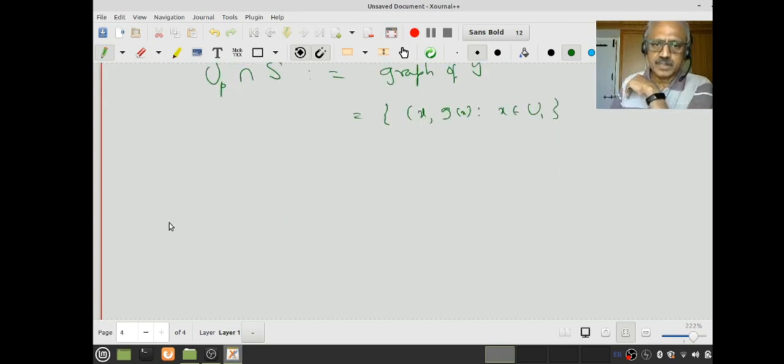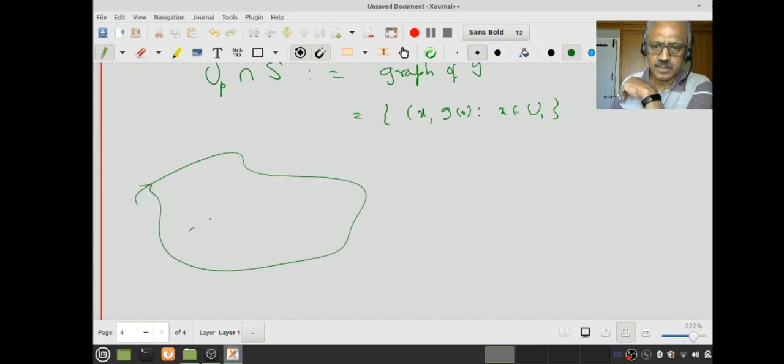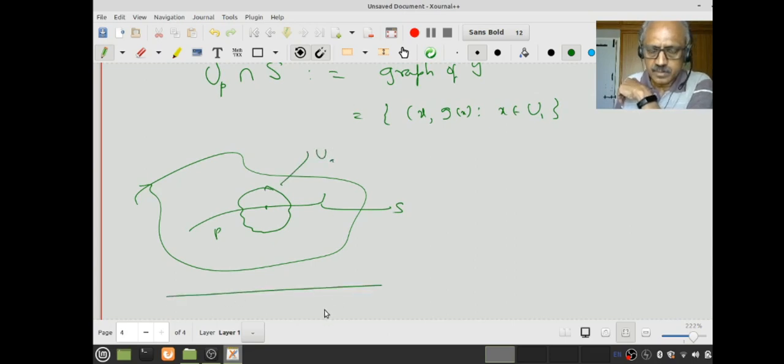The picture is the same as I have been drawing many times. A two-dimensional picture is already good enough. This is my S, this is my P, that is (a, b), and I want to say there exists an open set. Here is a, and this is an open set U1 in Rn, and there is a function G from this to Rk.